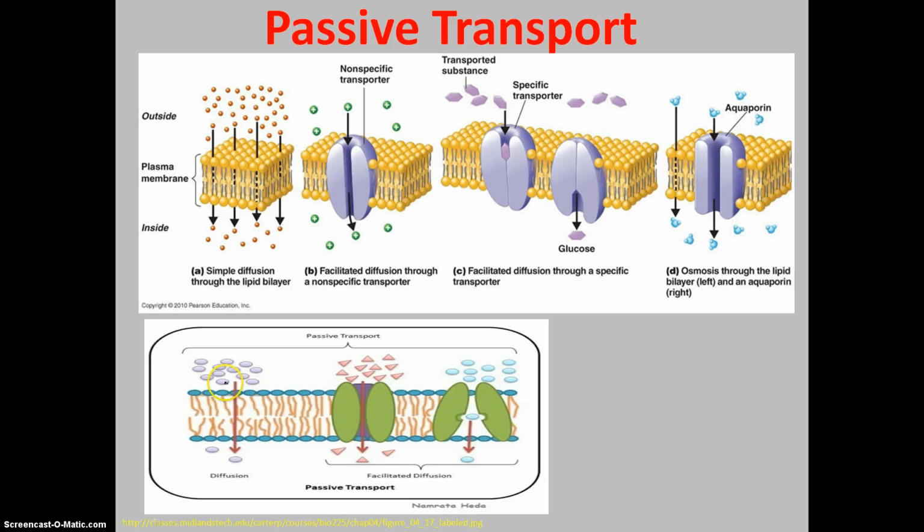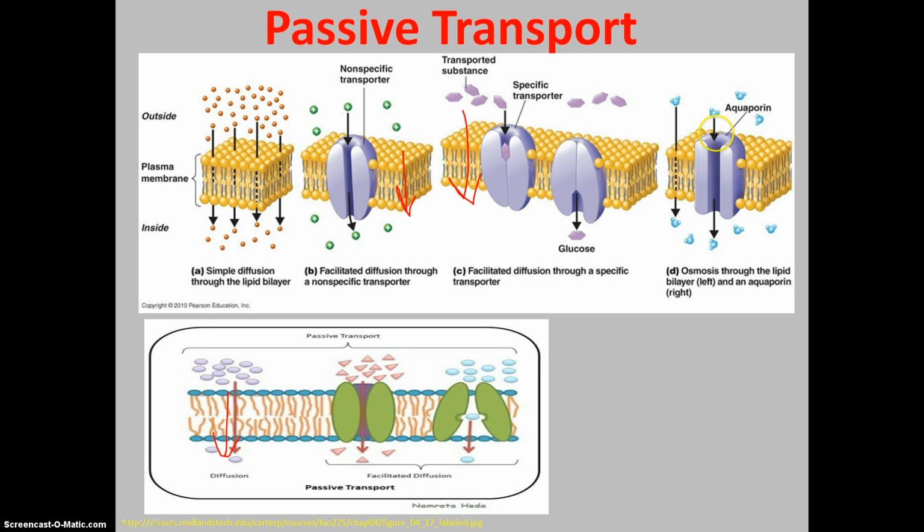For example, water diffuses freely across membranes, which I guess makes sense because water is crucial to many cellular processes. Others, however, need assistance from special transport proteins, as we see here, a process called facilitated diffusion.